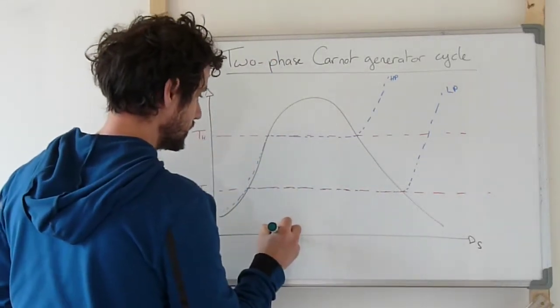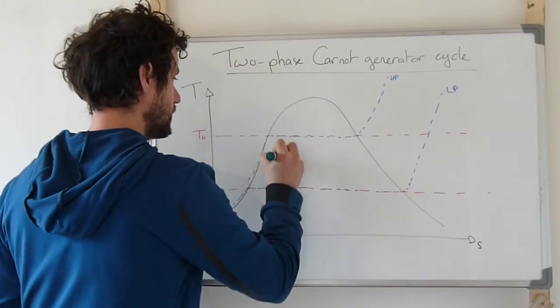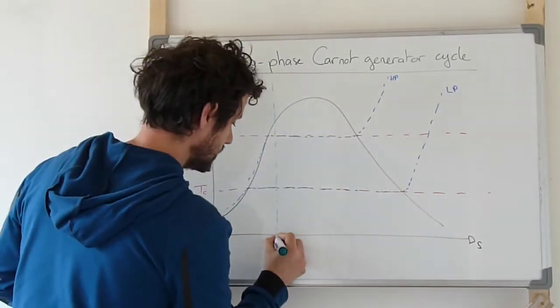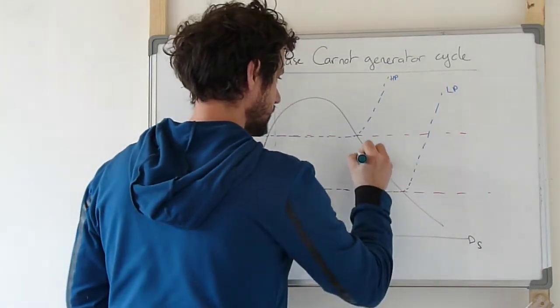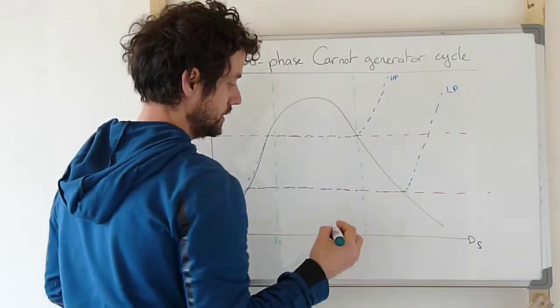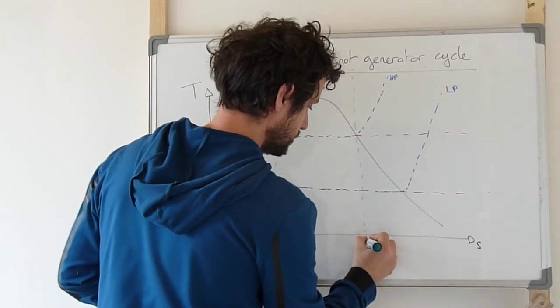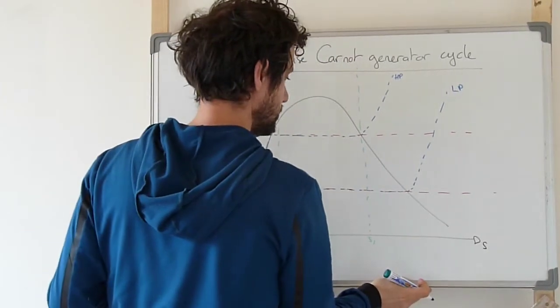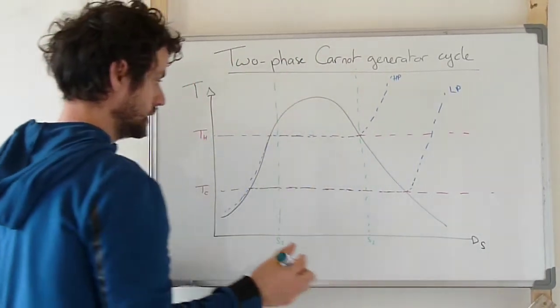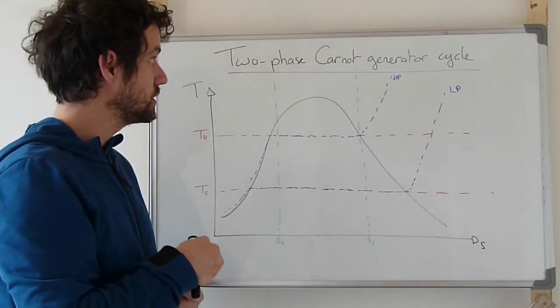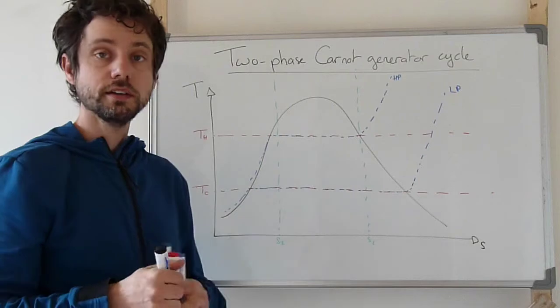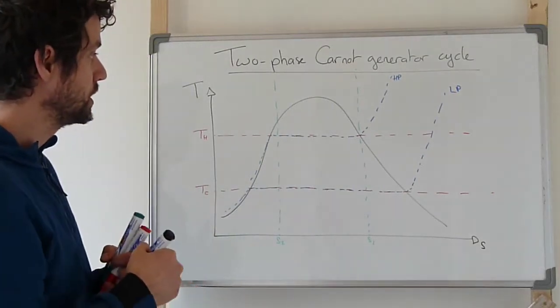Low specific entropy here, that would be written as 1, and a high specific entropy level that will be written as 2. And it is possible to plot a Carnot generator cycle in such a diagram.